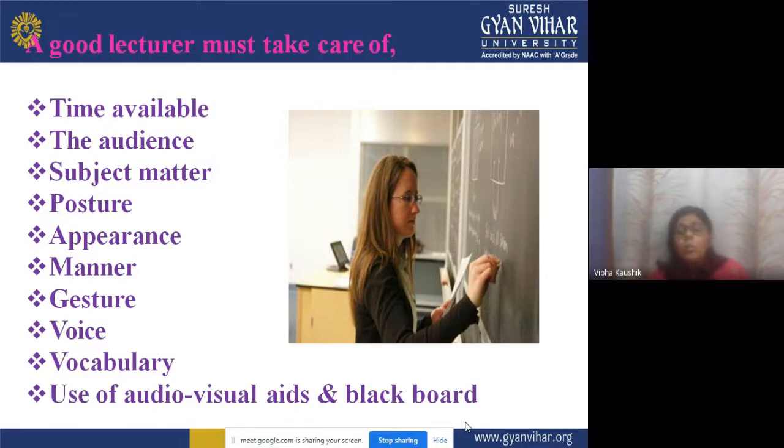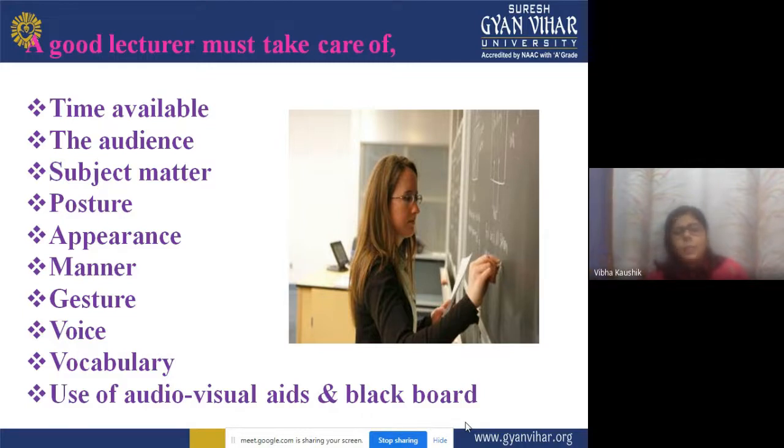The audience: who is your audience, means to whom you are addressing. Subject matter: the topic, the content, the syllabus which you are going to teach to the learner. The subject matter must be related to the curriculum. It can be related to assessment. It can be related to research.